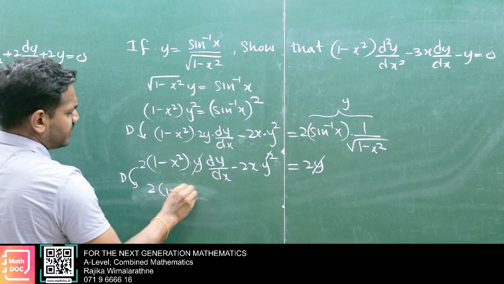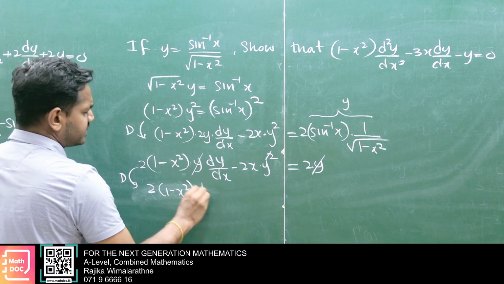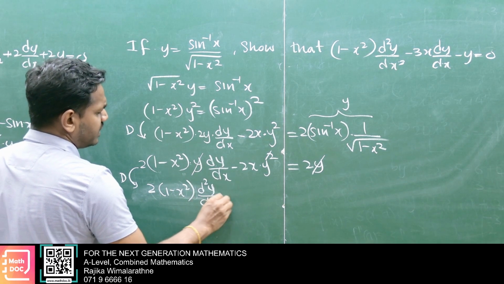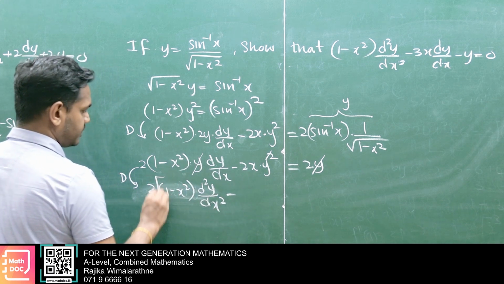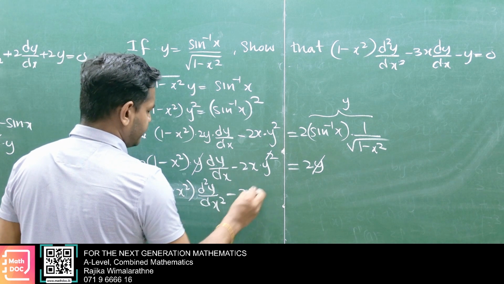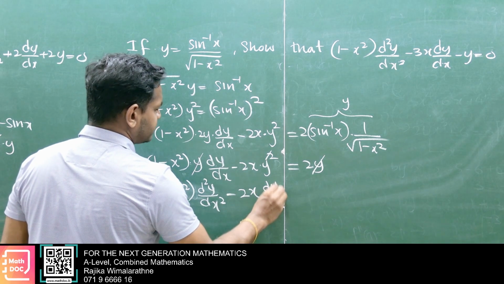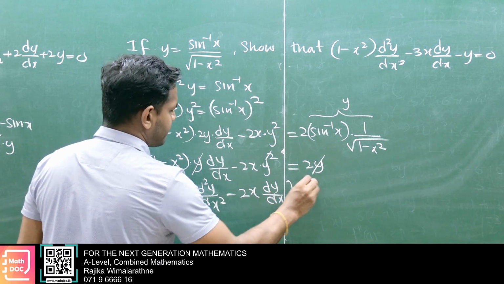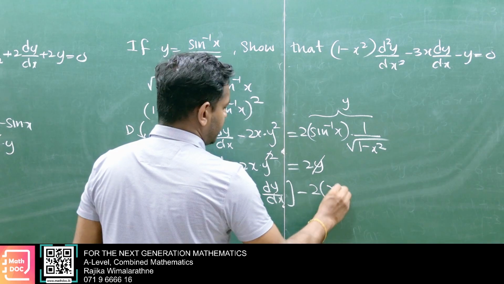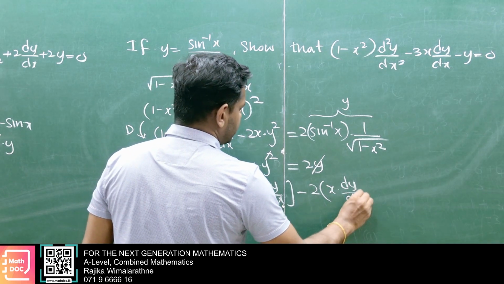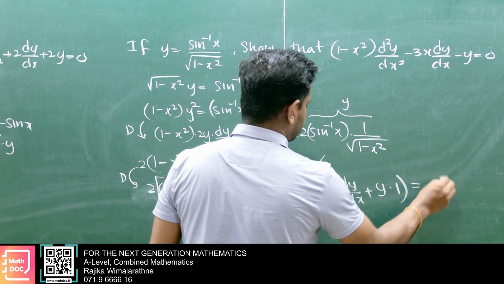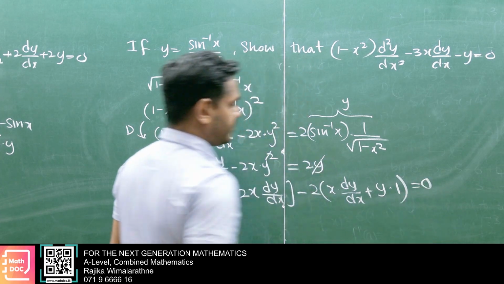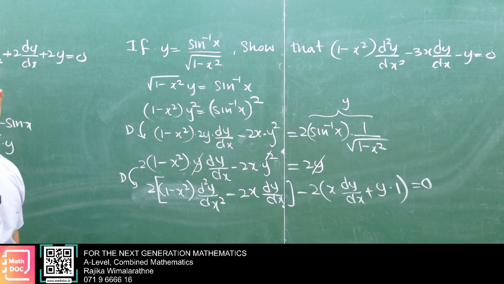Here 1 minus x squared times dy over dx, second derivative d squared y by dx squared. Here 1 minus x squared, derivative minus 2x, times dy over dx. Minus x dy over dx minus y times 1, constant, derivative 0.